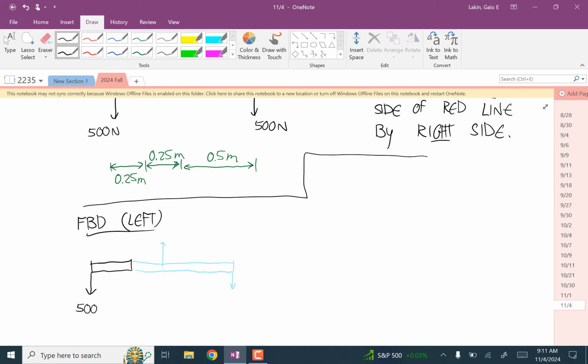And so that's all we're gonna do here. We're gonna say, okay, there's a component of force that way, a component of force that way. I'll call it Rx, Ry, and then there's a couple, I'll call it M. Okay, and now we'll go to Newton's second law.